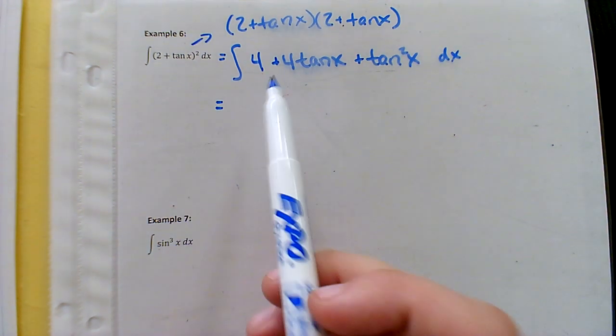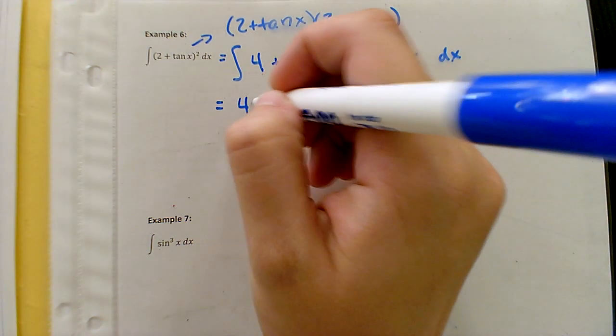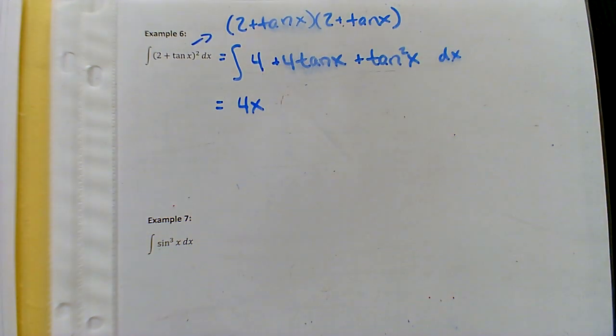Can we easily find the antiderivative of 4? Yep. What about the antiderivative of 4 tangent x? Actually, if you do, I'd be pleasantly surprised. Unfortunately, if you think about your trig derivatives, there's nothing you can take the derivative of that would give you just tangent.